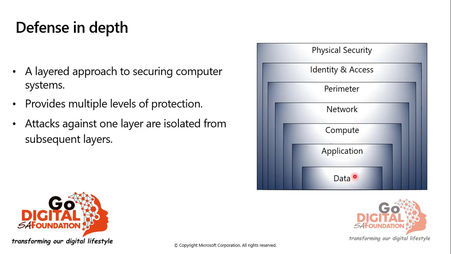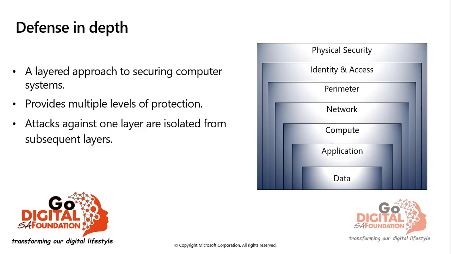So the data is covered by, let me say, 1, 2, 3, 4, 5, 6 levels. You see. Okay, so this is a layered approach to securing computer systems, providing multiple levels of protection, and attacks against one layer are isolated from subsequent layers.